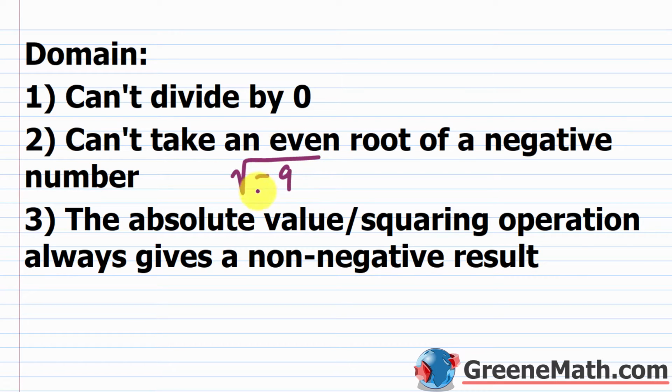So using real numbers only, the square root of -9 is not a real number. If we use the imaginary unit i, then of course we can work with that problem and say that it simplifies to be 3i, but we're not on that in this particular case. Then down here we say the absolute value, and then also the squaring operation always gives a non-negative result. So something else you want to consider.